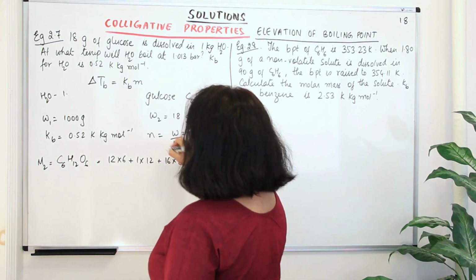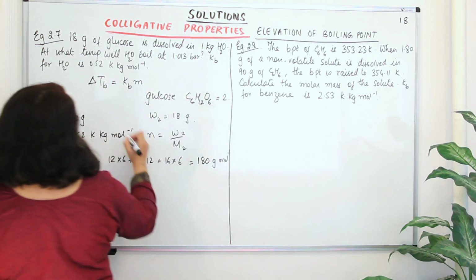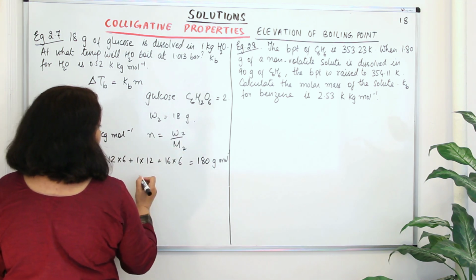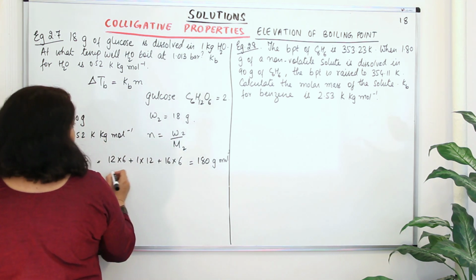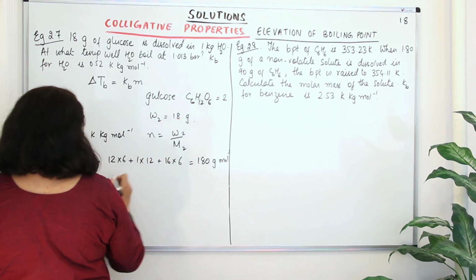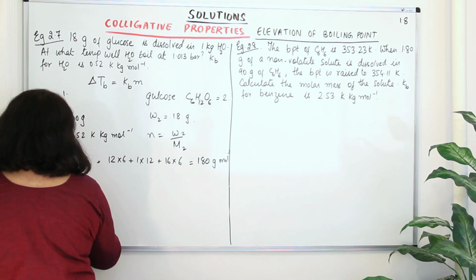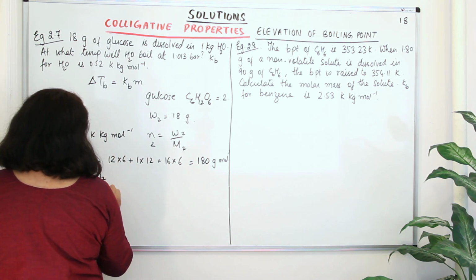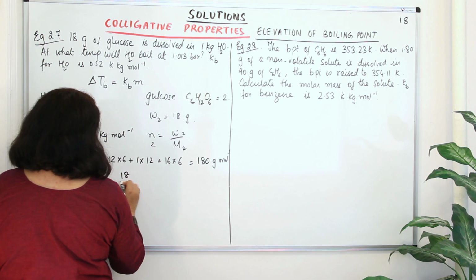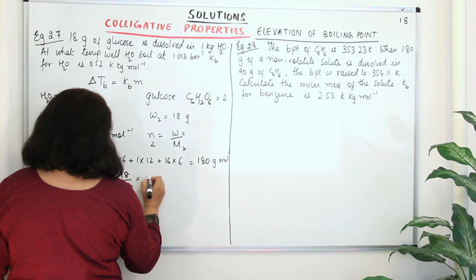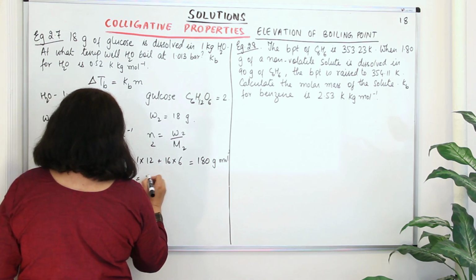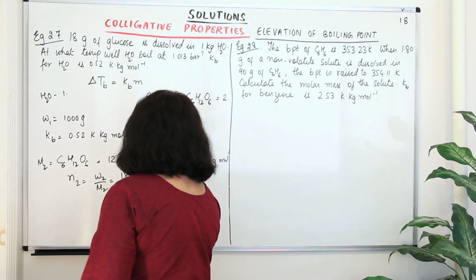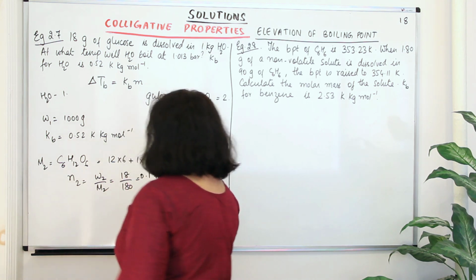So from this you can calculate the number of moles present in 1000 grams. So the number of moles would be W2 given to us as 18 grams. So N2 would be equal to W2 upon M2, which is equal to 18 upon 180, which is equal to 0.1, right? 0.1 mole, molar solution.